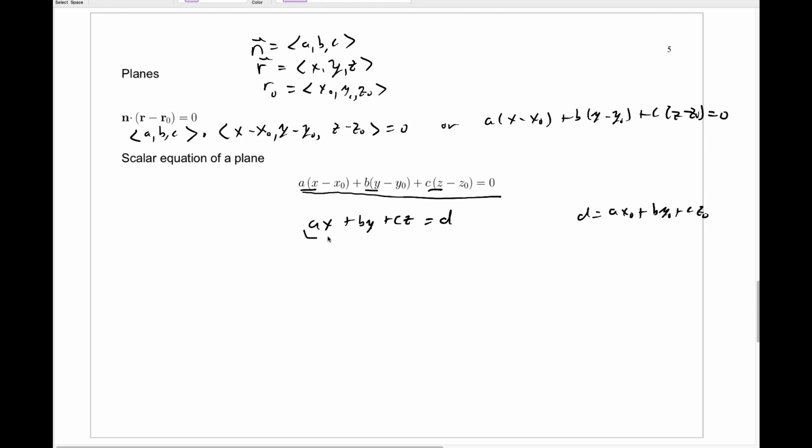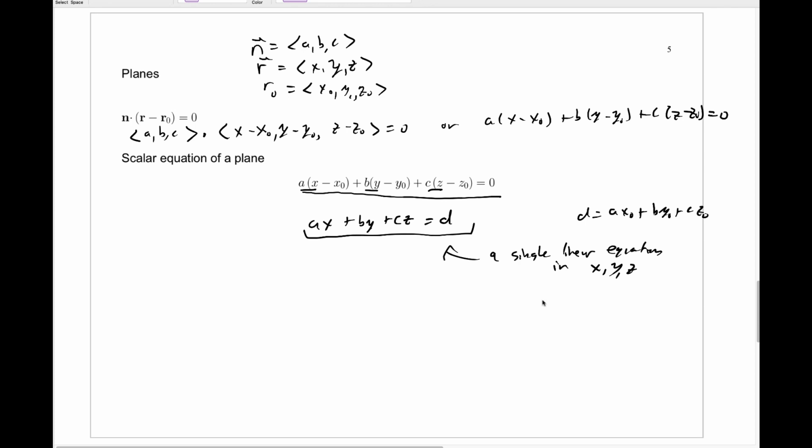Anytime you have a single linear equation in variables x, y, and z, the set of solutions in terms of points x, y, and z will be exactly a plane. Here a, b, c, and d are constants.